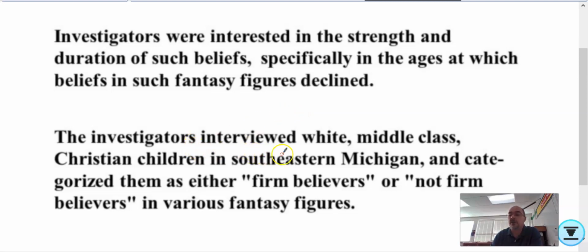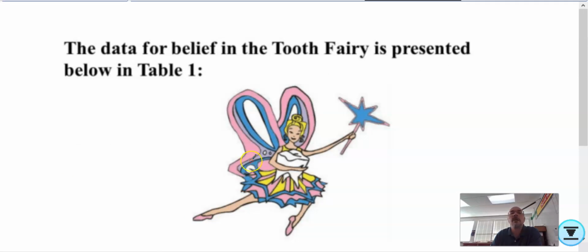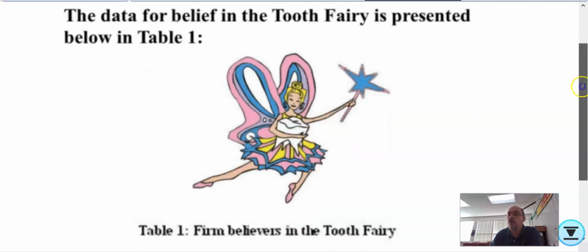The investigators interviewed white, middle-class Christian children in southern Michigan. So they narrowed very much who they interviewed, and categorized them as either firm believers or not firm believers in various fantasy figures. The data for belief in the Tooth Fairy is presented in Table 1.